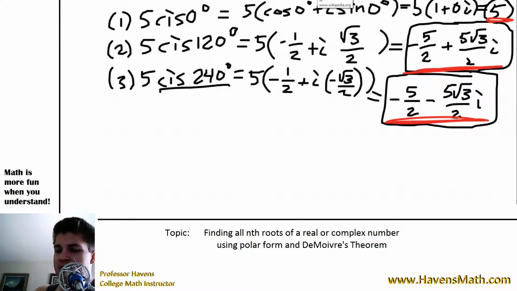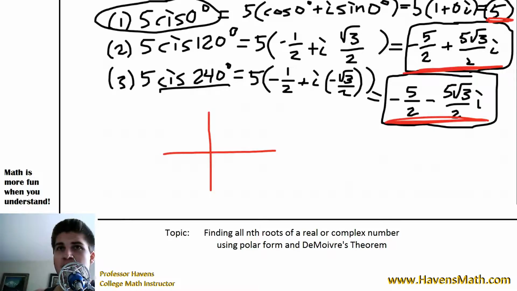Another nice little thing to remember about the three roots of 125, or any real number in this case, is that since they're evenly spaced about the complex plane, we can visualize where those roots lie. If we look at 5 cis 0, the first root, that would be at angle 0, so along the positive x-axis, at distance 5 away.